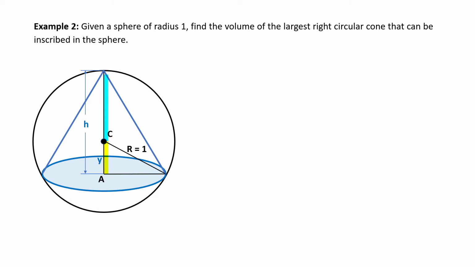We'll call the distance from A to C y, because the distance from C to the edge of the sphere is 1. Remember, that's the radius of the sphere. And finally, the radius of the base of the right circular cone, we'll call lowercase r. Now we have a diagram with all the parts labeled.